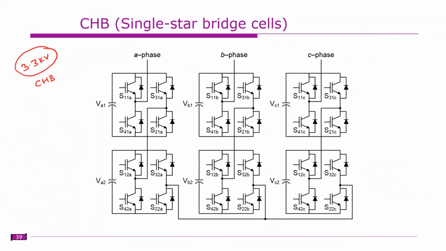How do we choose the DC voltage, or how do we choose the cascade number?